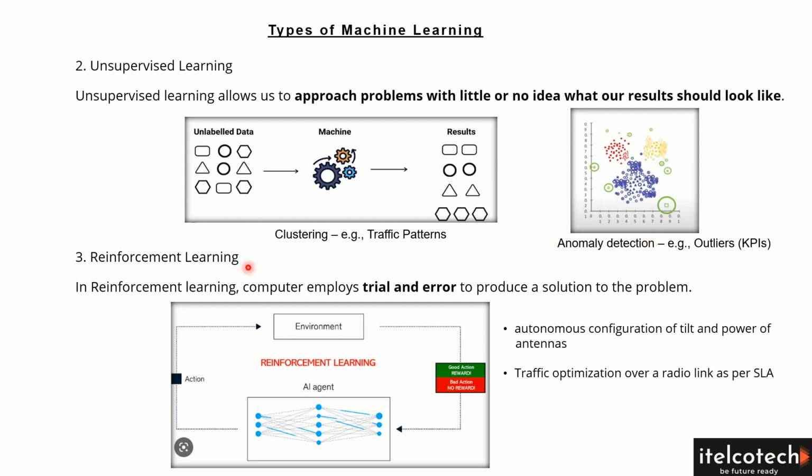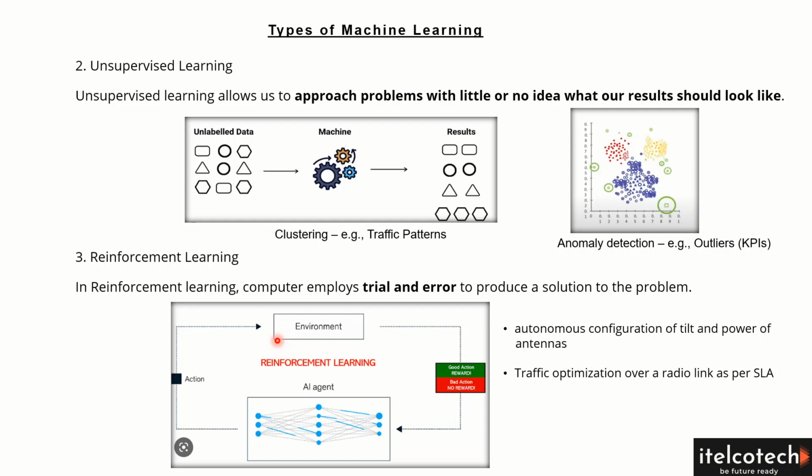Now, the third type of machine learning is reinforcement learning, where the machine is learning by doing some trial and making some error. There is some correlation already made in a model, and this model, while running, will evaluate whether the goal of that model is being achieved or not.